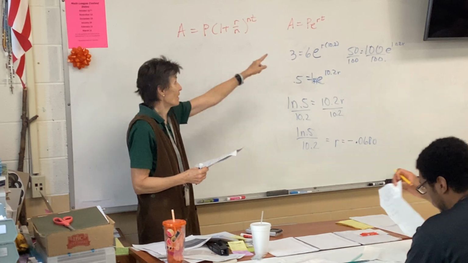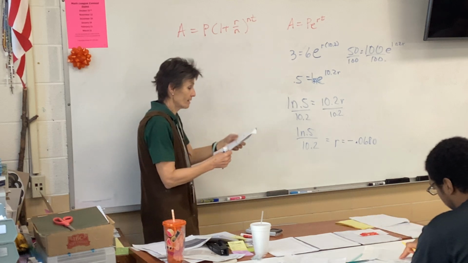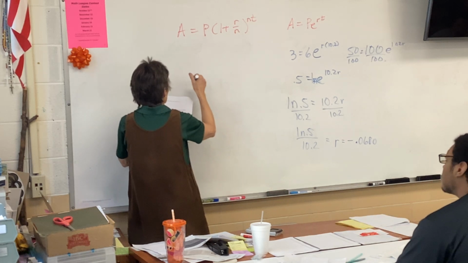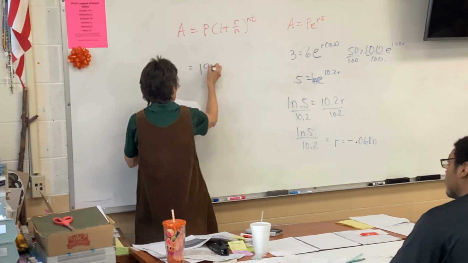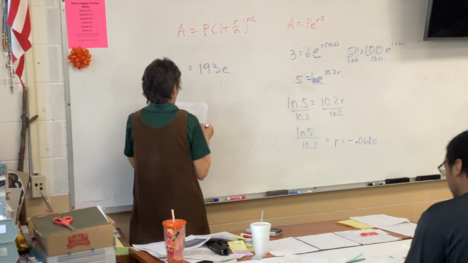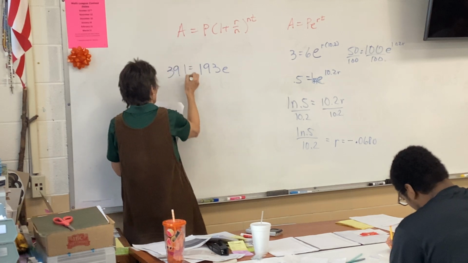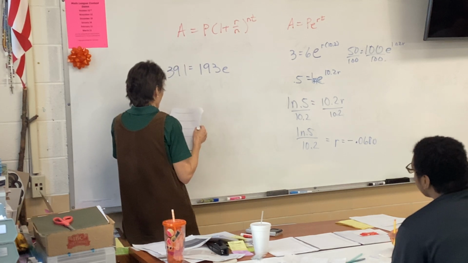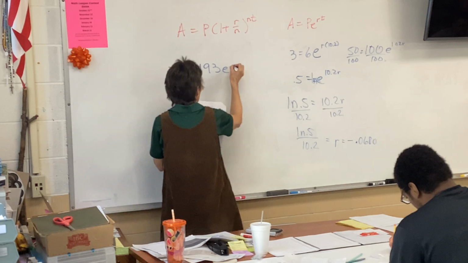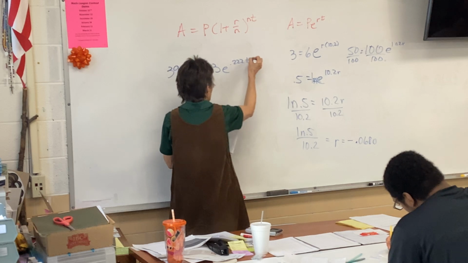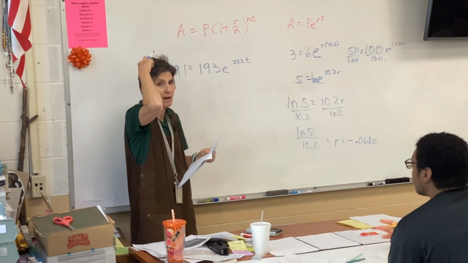Everybody good with that one? All right, so tell me where to put things. What's the 193? P. What's the 391? The A. What's the R? 0.222. And T is my variable.